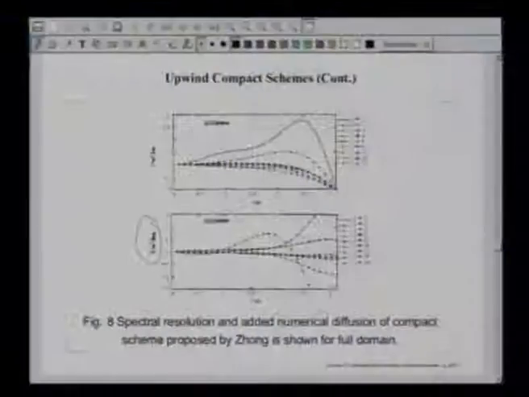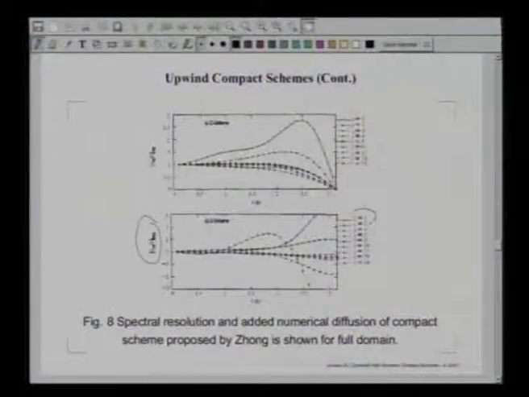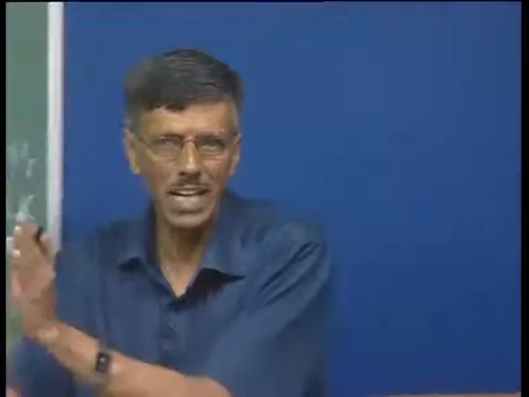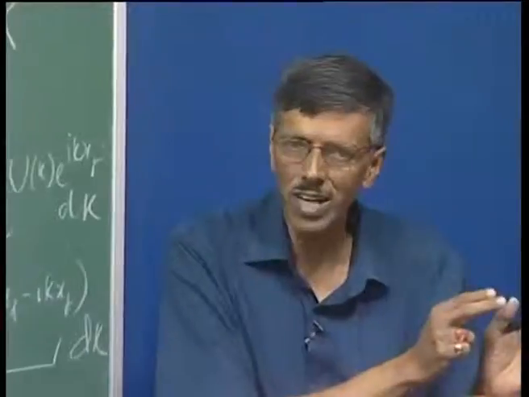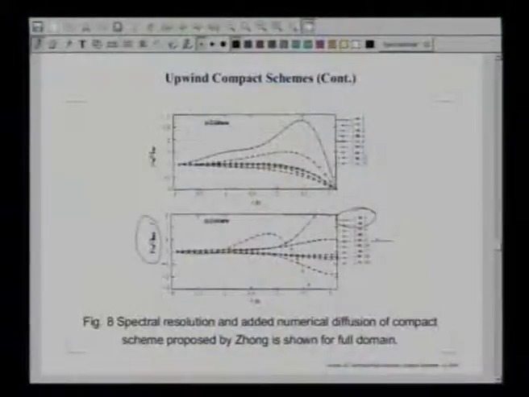Now, why does it work? It works because if you are looking at a convection problem, this unstable nature of the problem is at the inflow of the domain. That is where it is unstable. But then what is happening? Those disturbances are propagating inboard, inside. Once they go inside, they are no more under the effect of instability. They are probably getting into the region where they are stable.